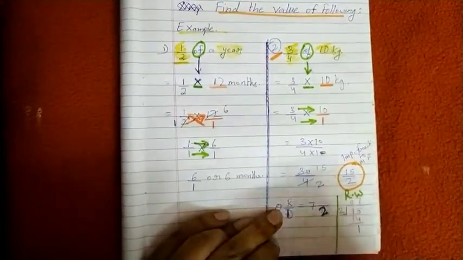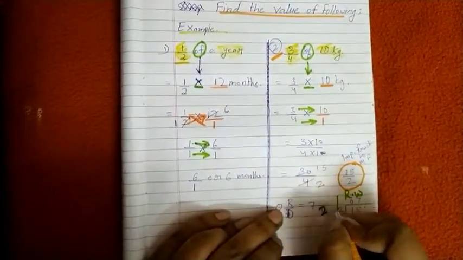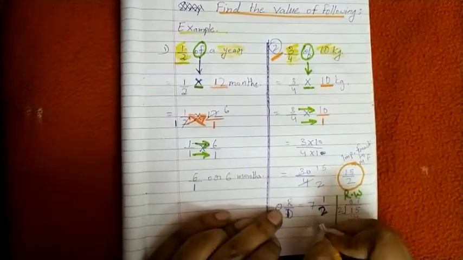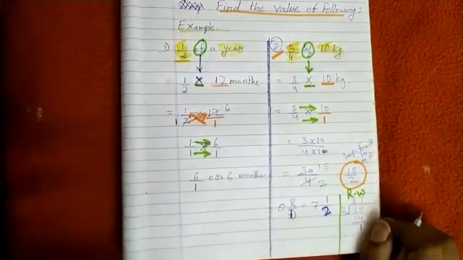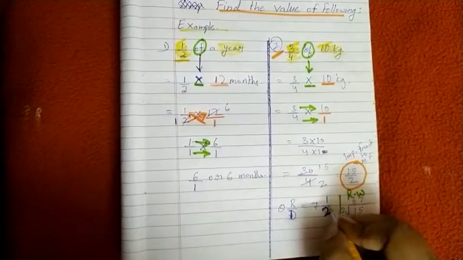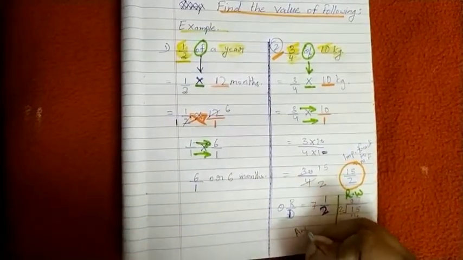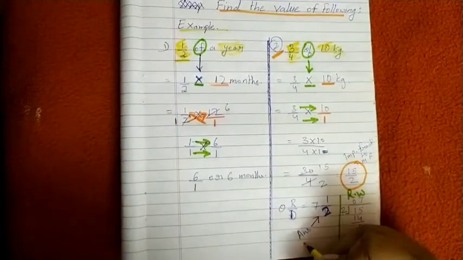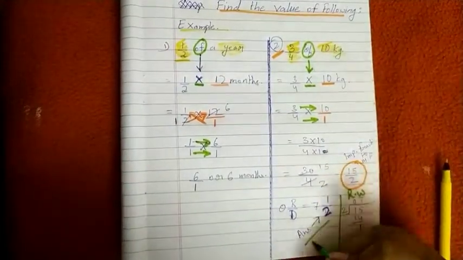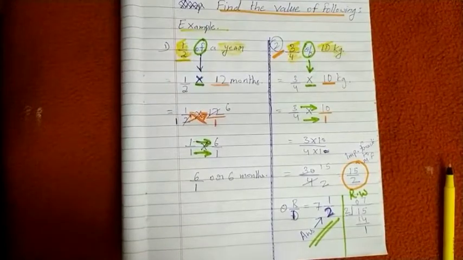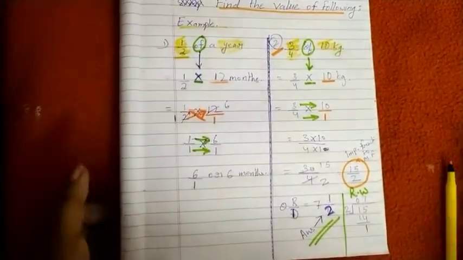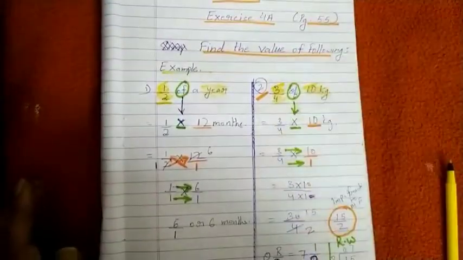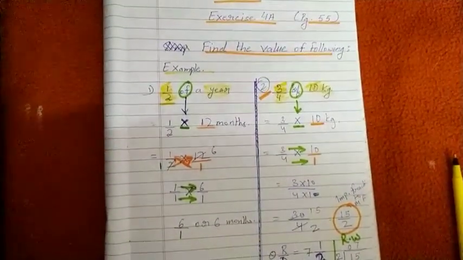Because it is the divisor here and 1 is the remainder. So 2 sevens are 14 plus 1, 15. So this is your answer, children. Clear? So these are the two ways in which we find the value of a fraction. Is it clear?